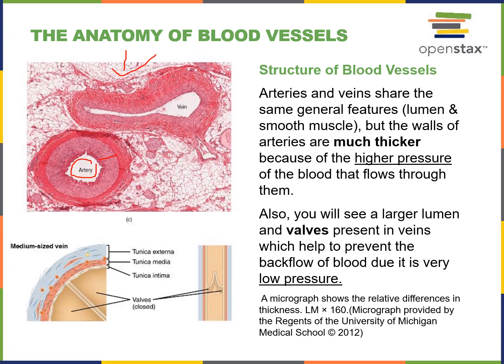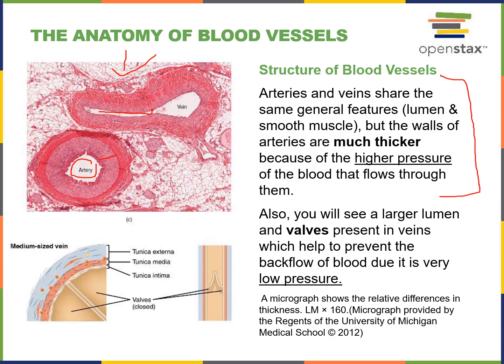This is what has happened here. So the empty space, that is the lumen, is represented by this white space here. This is looking narrow, but in reality it is not. It's just because of the distortion or the damage that happens when you try to make a slide. But it shows you the same information that we were talking about a little while ago.